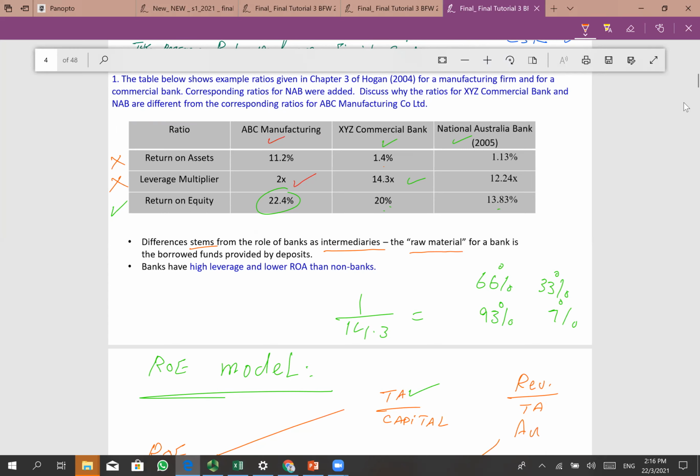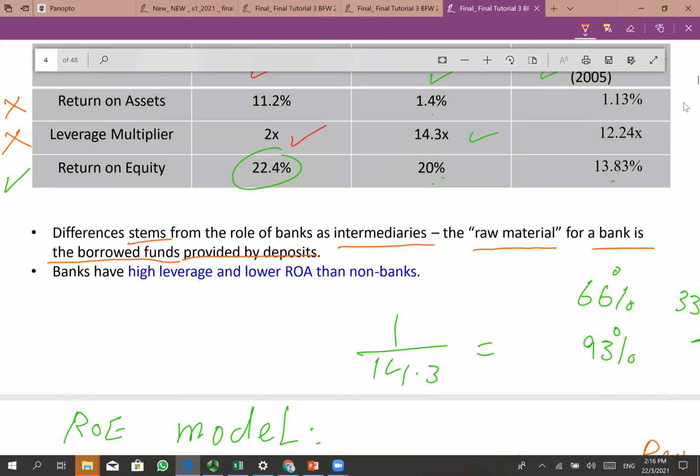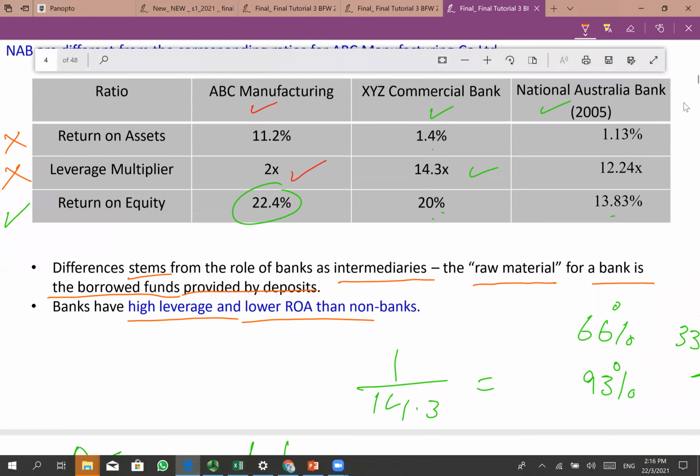So the raw materials for banks are the borrowed funds, which is the money provided by deposits. Why is this happening? Of course, banks have high leverage and lower ROA than corporates. So they have high leverage, which is right, and lower ROA.